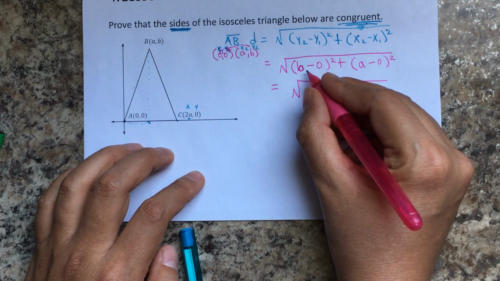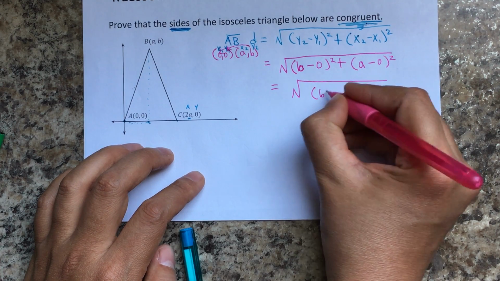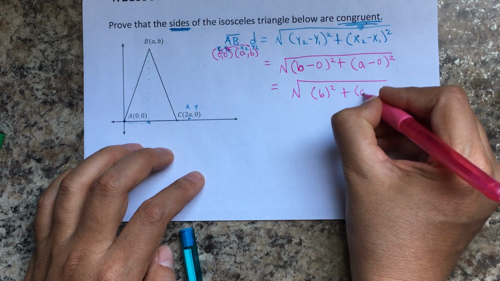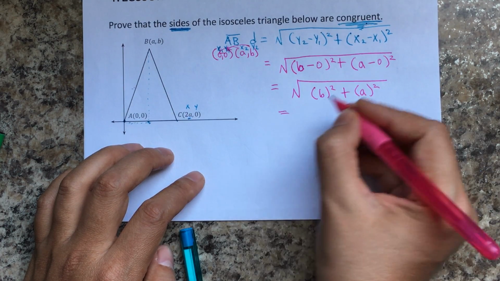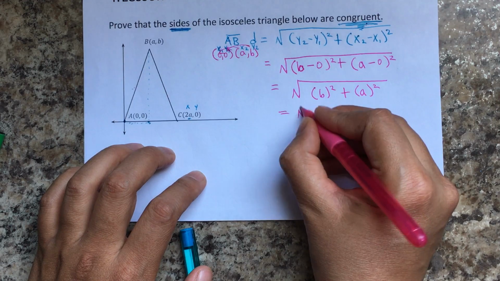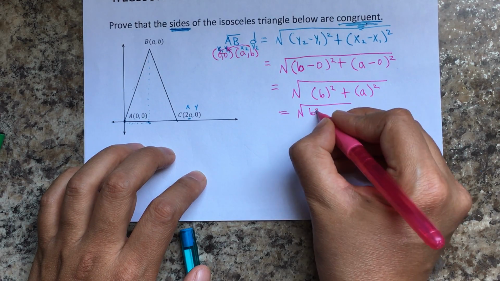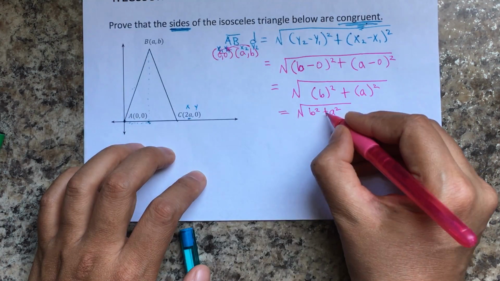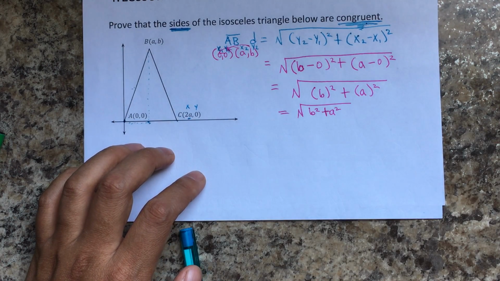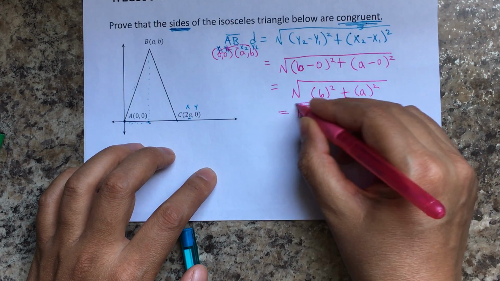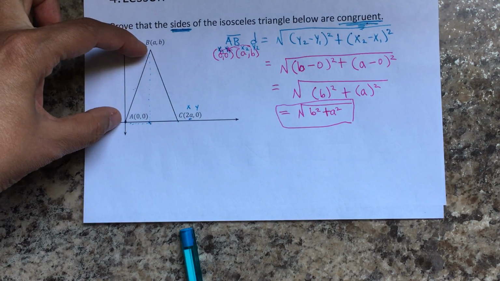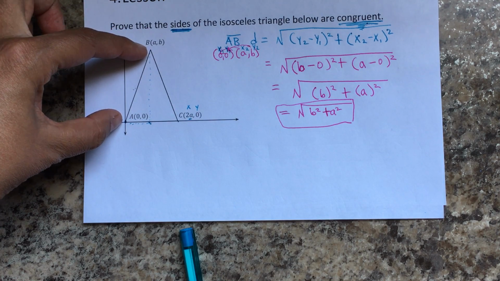We take the square root of b squared plus a squared. You cannot simplify anymore because of the plus in there. That will be the distance of this side.